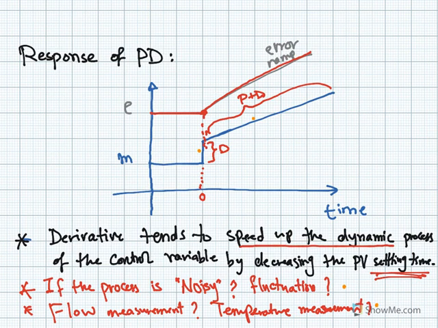What if the process is noisy? There is so much noise. It is fluctuating. The process is not clean. There are always some disturbances in the process. So using the PD, or the derivative mode, is not recommended in this case, because once you implement the derivative mode you will get a lot of fluctuation and disturbance, as it will respond to every change in the error.